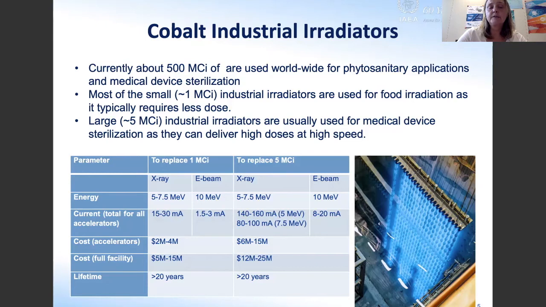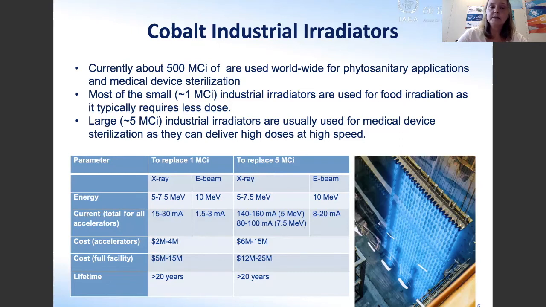And you have these two modalities now because different products can be irradiated in different ways. For lower density products, E-beam would be beneficial. For high density, X-ray would be beneficial. Also, there are different regulations for different materials depending on X-ray or E-beam modality.